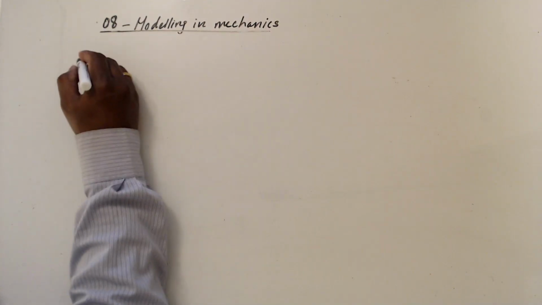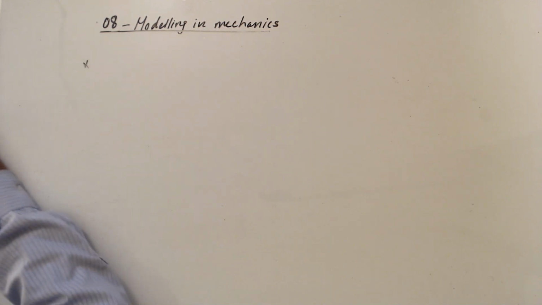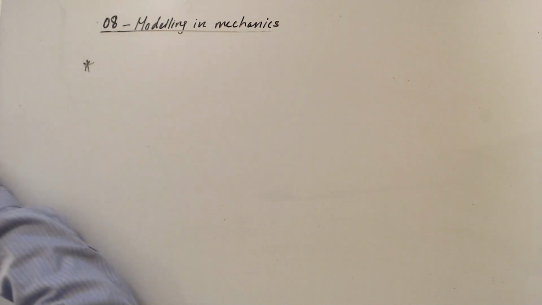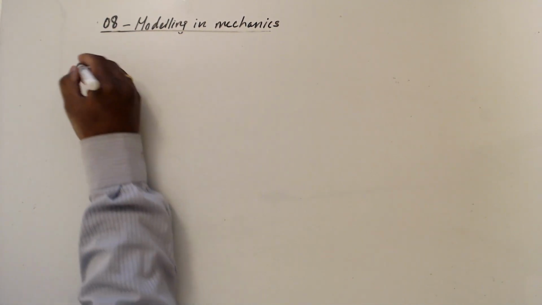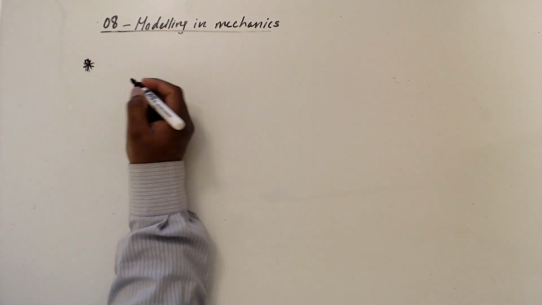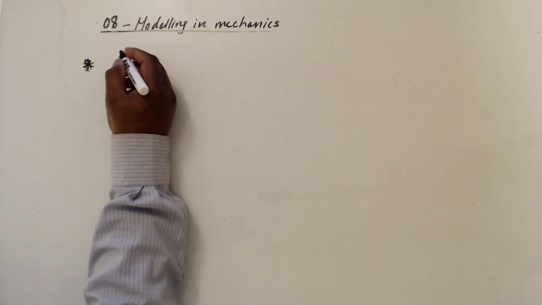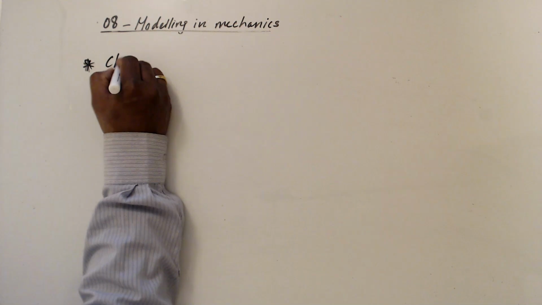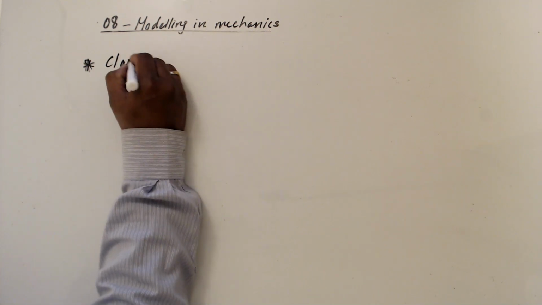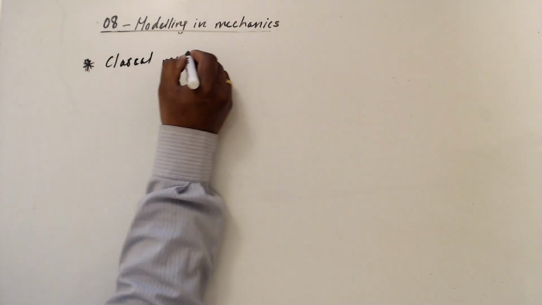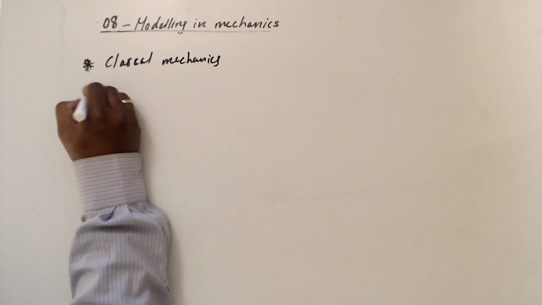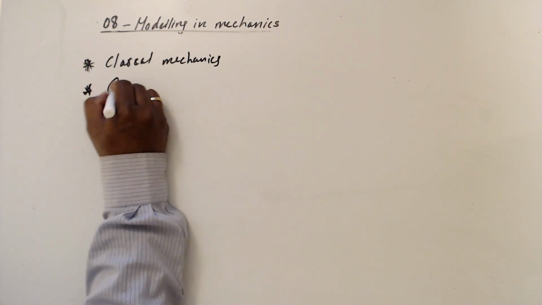In mechanics, there are two types of mechanics. The first one is classical mechanics. The other one is quantum mechanics.